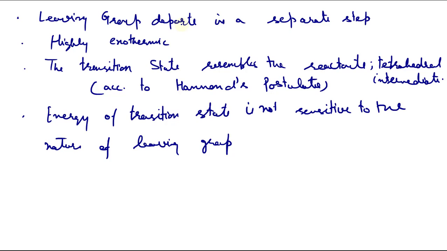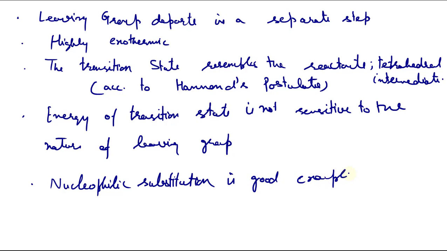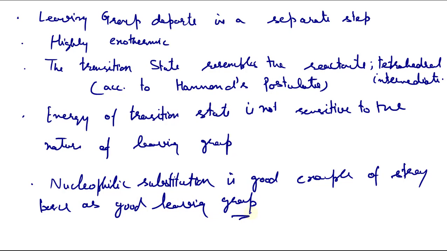Nucleophilic acyl substitution is a good example of a reaction with strong bases as good leaving groups, whereas in alkyl substitution the reaction rate depends upon the leaving group, and the rate of reaction is quite slow for poor leaving groups.